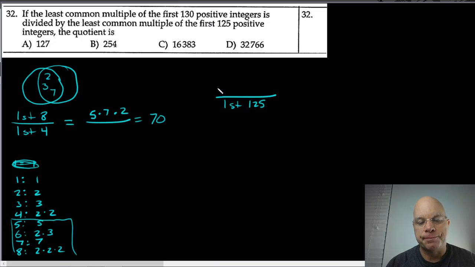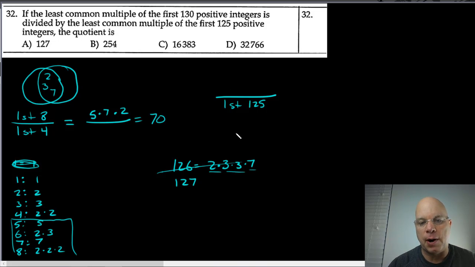For example, 126 is 2 times 63. 63 is 9 times 7, so 3 times 3 times 7. So there's the prime factorization of 126. All of these will have shown up, because we have 2's, we have 9, we have 7 in these previous 125. So this is going to add nothing to the quotient.